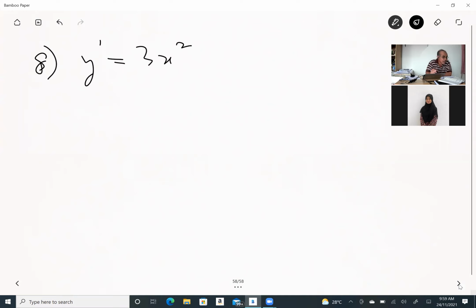Where? That is the negative number there. Oh, no, plus. Okay, y prime equal to 3x squared minus 6x plus 6.